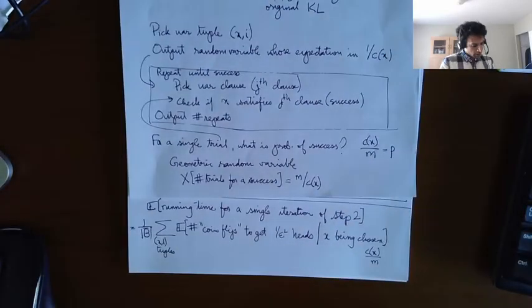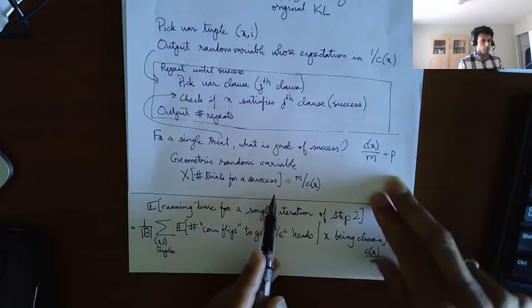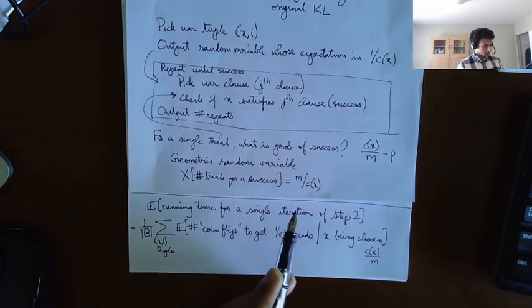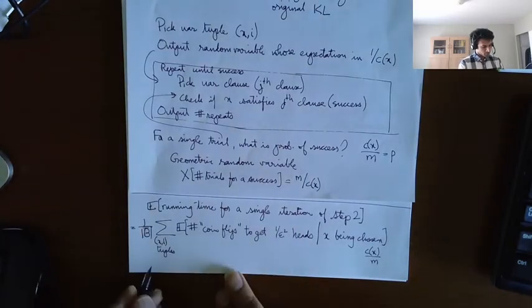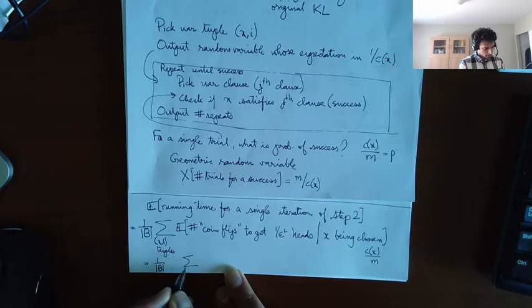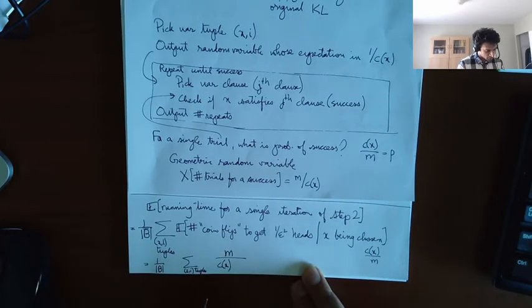Exactly, yes, it's m over c of x, because that's the expected number of trials for a single success. And then it's 1 over epsilon squared extra. So this is 1 over b times the sum over all tuples of m divided by c of x epsilon squared.